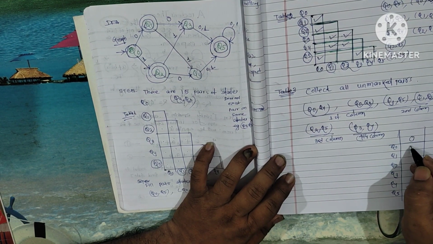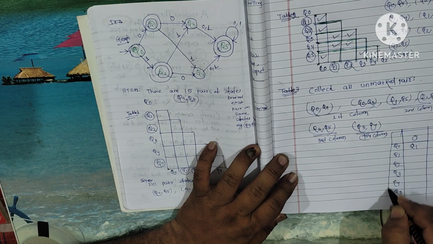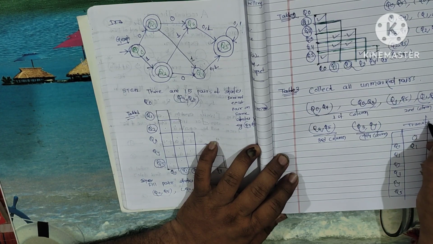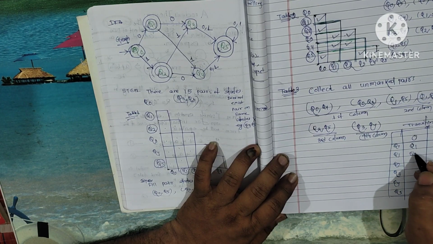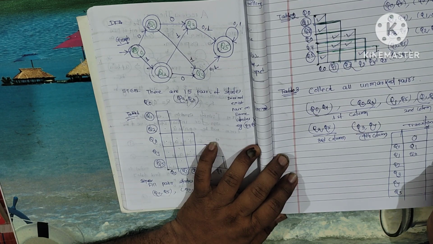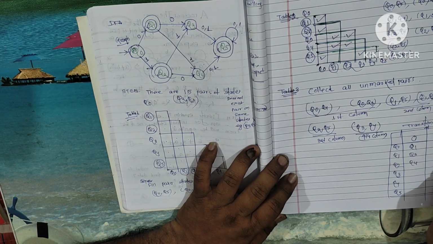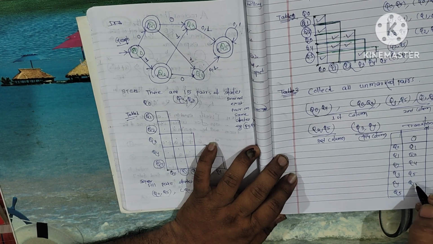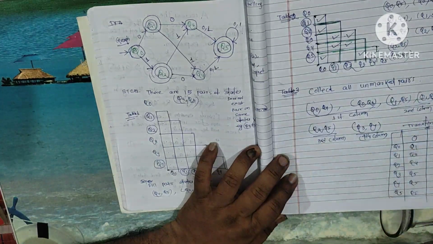Q0, so this is the transition table of the DFA machine.